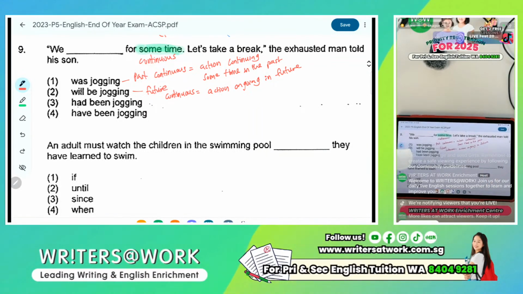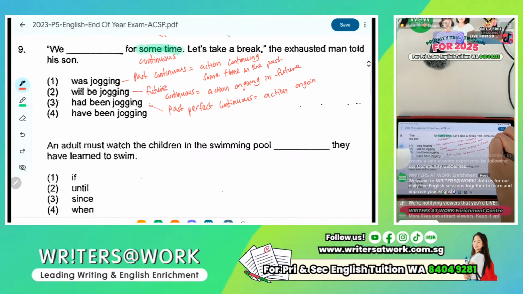We also had "had been jogging," which is in the past perfect continuous tense. This means that the action was ongoing in the past when a second action occurred.